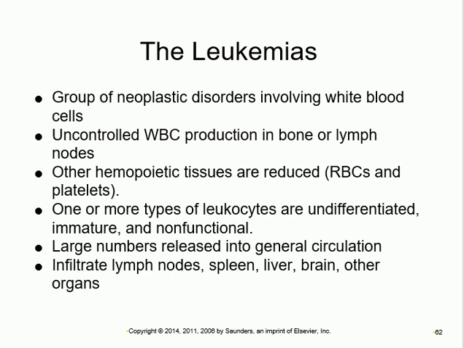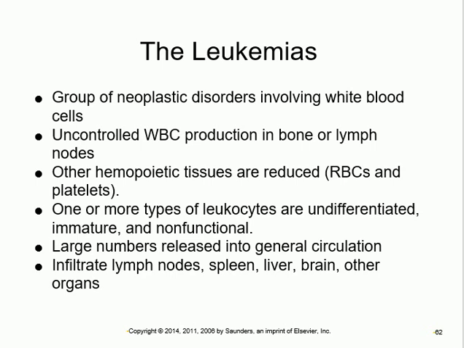15,000, 20,000, 30,000, this is called leukocytosis. But how about 500,000? This is not leukocytosis anymore. This is leukemia. So leukemia is not just an increased number of white blood cells that are sick, they have cancer, but it's actually a dramatic increase. Okay?